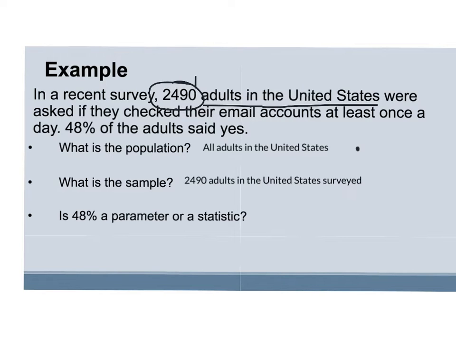Then the final question asks, is the 48% a parameter or a statistic? Now remember, parameter comes from population and statistic comes from sample. So because this is a sample, our 48% would be a statistic.